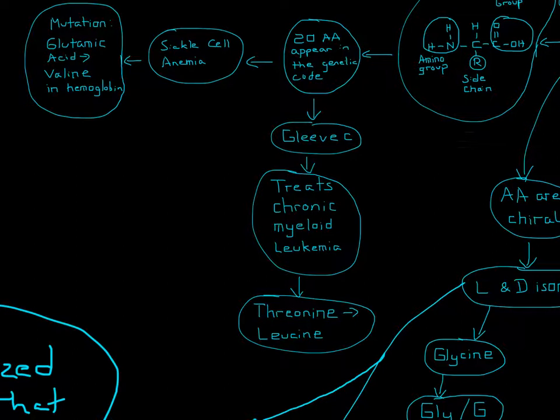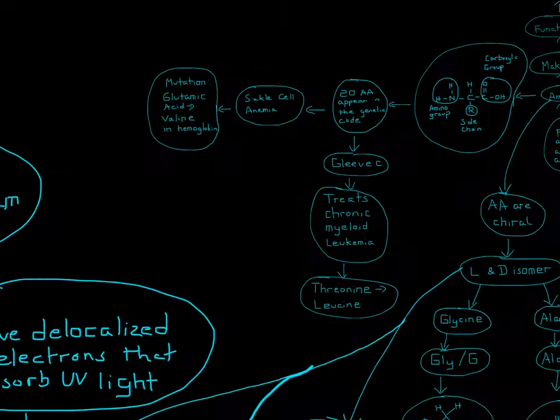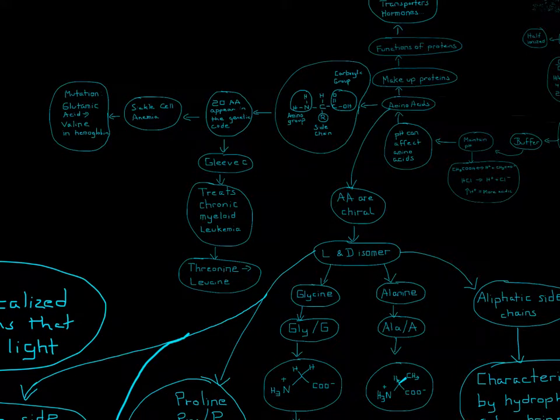But they noticed that some of the patients were relapsing, and that's because they had a mutation that changed threonine to leucine, which rendered the drug's treatment ineffective, and so they would relapse when using Gleevec. So once again, it shows you the clinical correlate of why studying amino acids is so important.